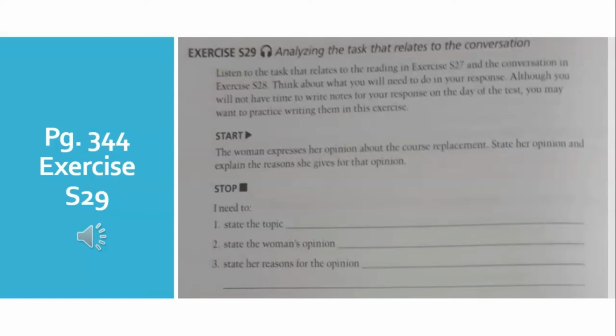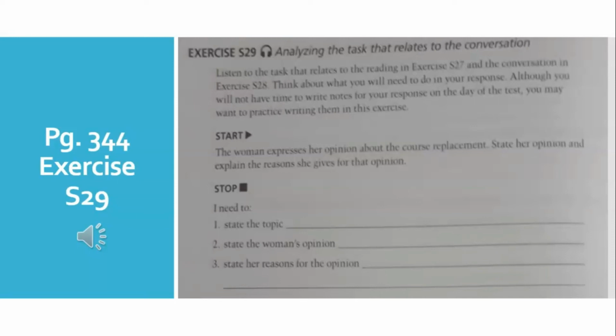Okay, now we need to state the topic. Of course, the topic is going to be course replacement. That's pretty easy. Now, what is the woman's opinion about the course? So we might say that she is not interested in that course. Then in number 3, what are her reasons for saying that?